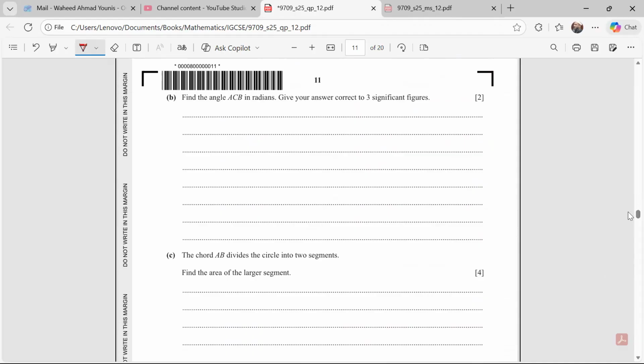Law of cosine says that if I know two sides and one angle between them, then I can find the third side. So let's say this side is A, which I'm trying to find out. This is B, this is C, and this angle is alpha. So how can I find A? A squared is equal to B squared plus C squared minus 2BC cos of alpha.